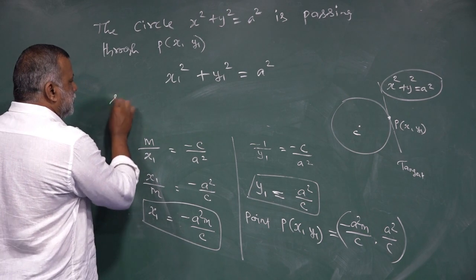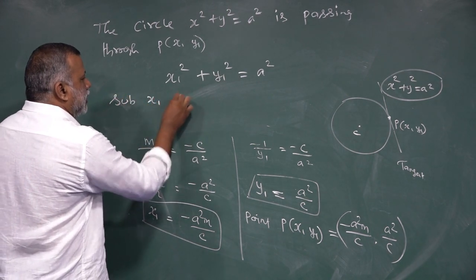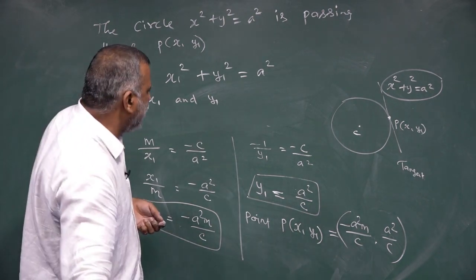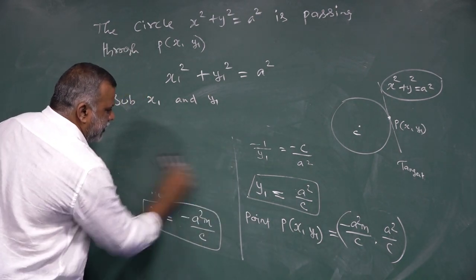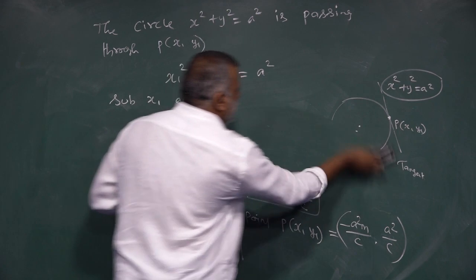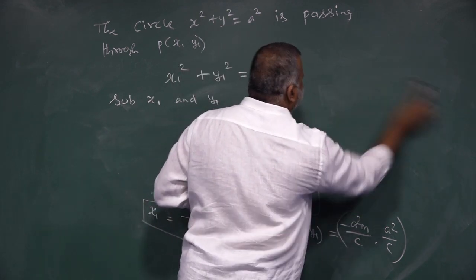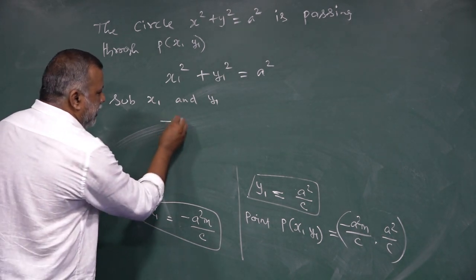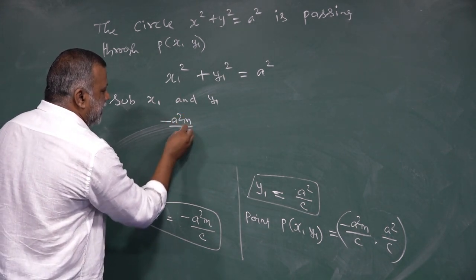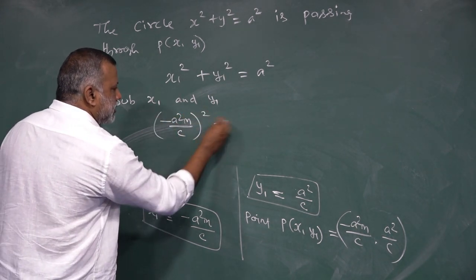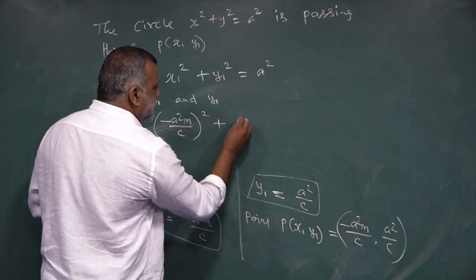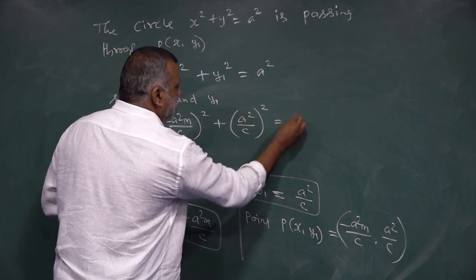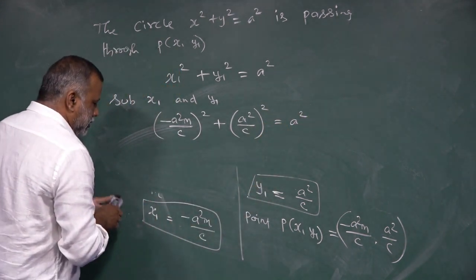So substitute x1 and y1. Now I can substitute the value of x1 and y1 in the above result. So see, x1 is minus a squared m by c the whole squared plus y1 is a squared by c the whole squared equal to a squared.